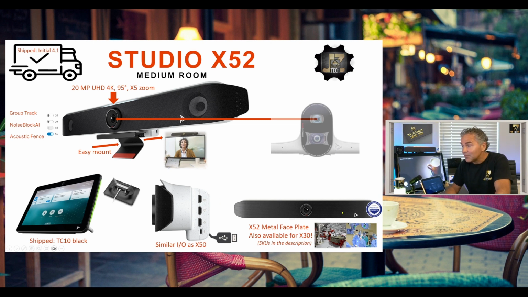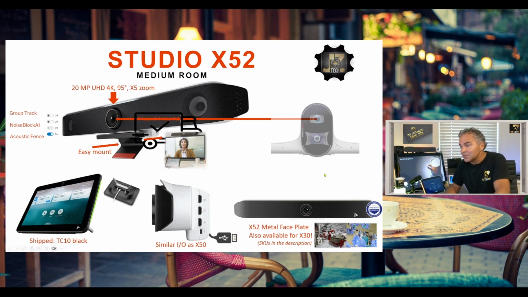So that is available now, even with Microban protection, so the antibacterial, that is available also as an option with the X52, but I also saw this available for the X30. So I think a really nice one, and I will put the SKUs in the description. It is not only for those clean rooms, but I think personally it also looks very nice to have a sort of metal faceplate, as you see right here.